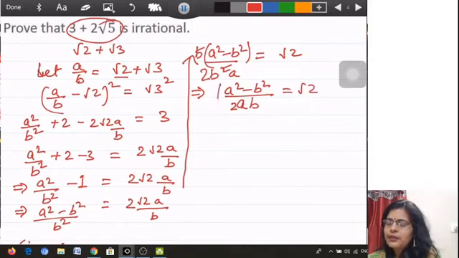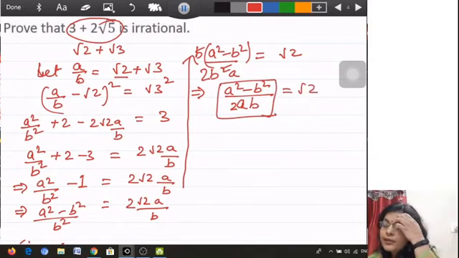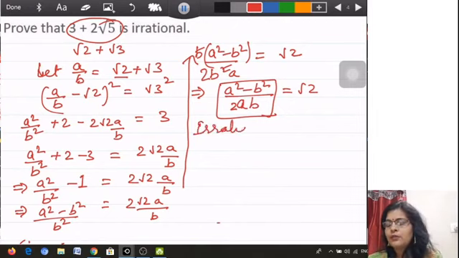This again we can say is a rational number. Anything in the form of a by b is a rational number, and a rational number can never be equal to an irrational number. So same thing we will write here also: can never be equal to an irrational number.